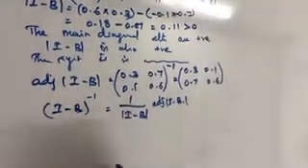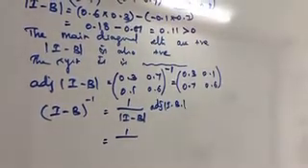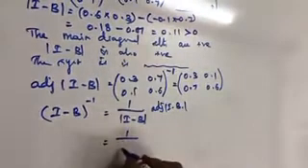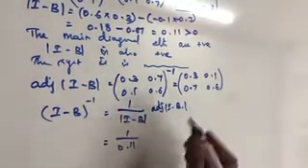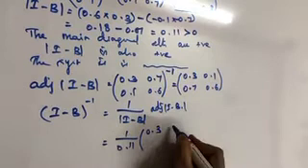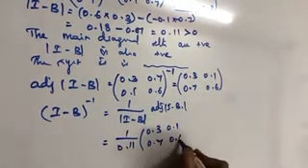That is equal to 1 divided by the determinant of I minus B, which is 0.11, times the adjoint of I minus B, which is 0.3, 0.1, 0.7 and 0.6.